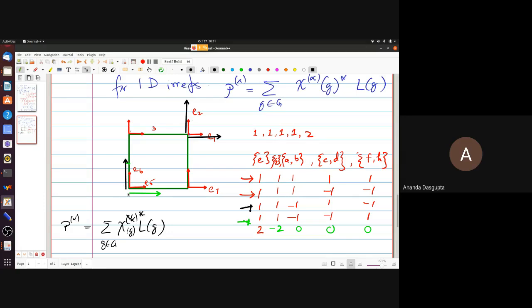This would have ended up pointing this way, but minus 2 ends up making it point this way. Now, you should realize that this essentially is telling you that these two atoms moving and these two atoms moving don't really give you a normal mode. They just give you basis vectors which span your normal mode.